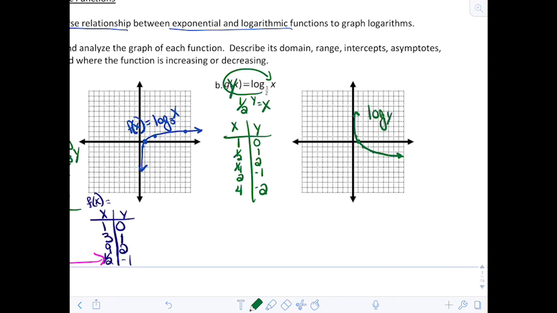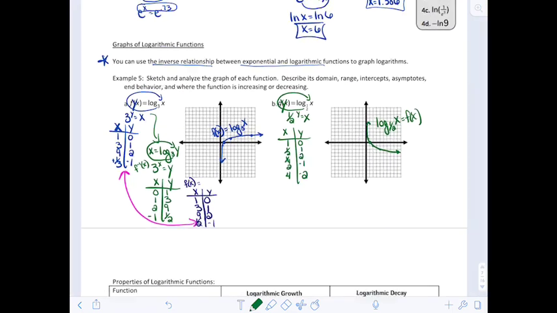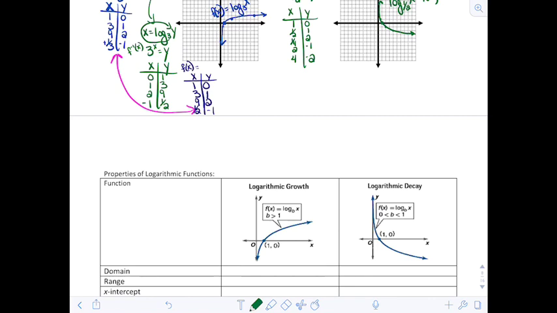So this is really the log base 1/2 of x. And as you can see, this one goes in a different direction. It's always decreasing, so this is logarithmic decay. And again, you could do the same method. You could switch x and y, write that as an exponential, and then you would be able to switch those points and plot them.